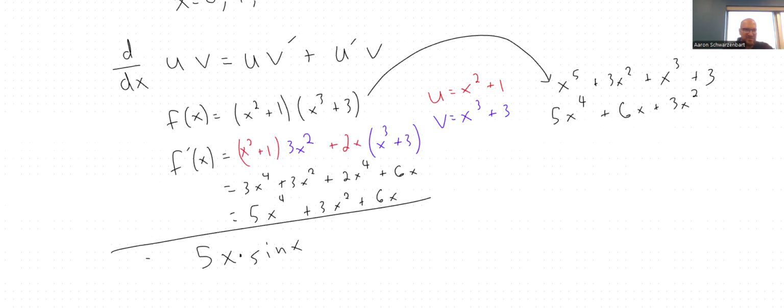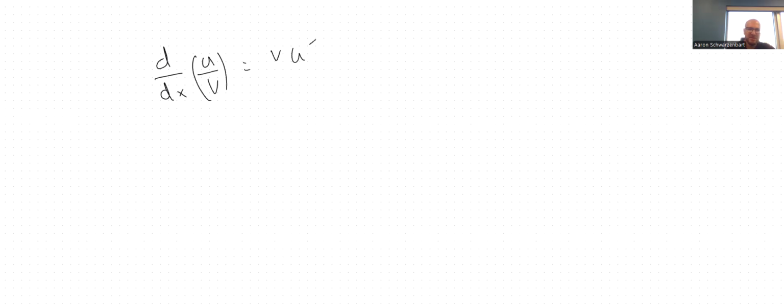Next comes quotients. The quotient rule is a little bit of a pain. U over V. D high, D low, low squared. This isn't awful to prove.